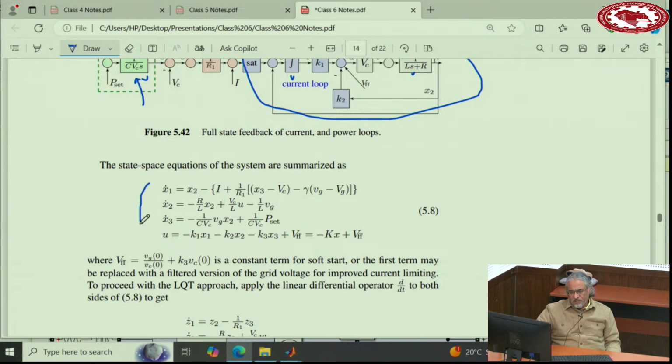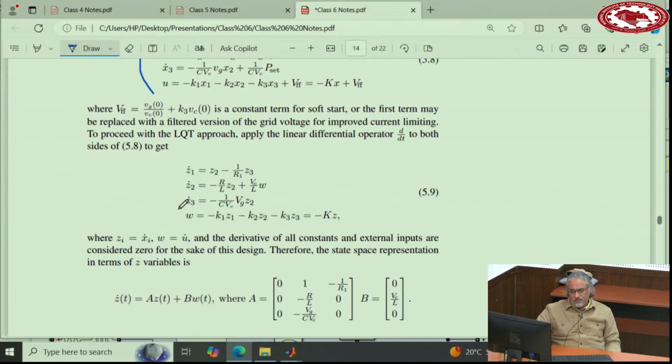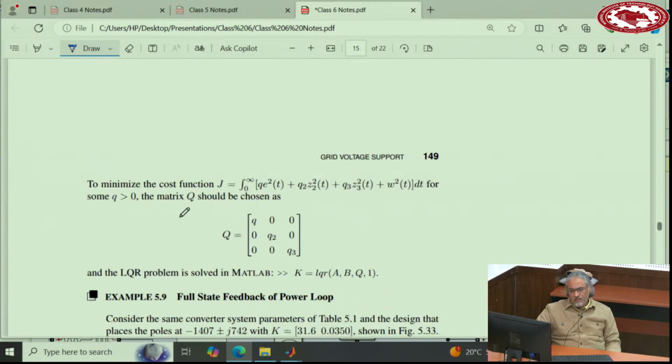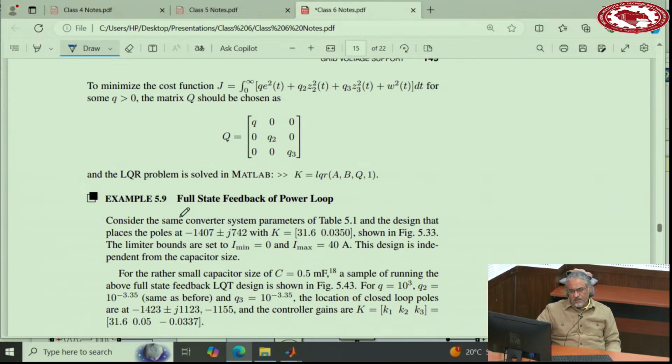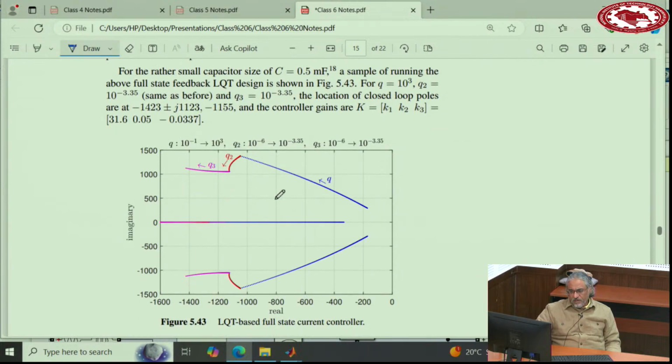Here I have written the equations of this circuit, and I expect that by adding this additional feedback loop, I can remove the oscillations. And I applied LQR, and here is the example. So I have now 3 poles.